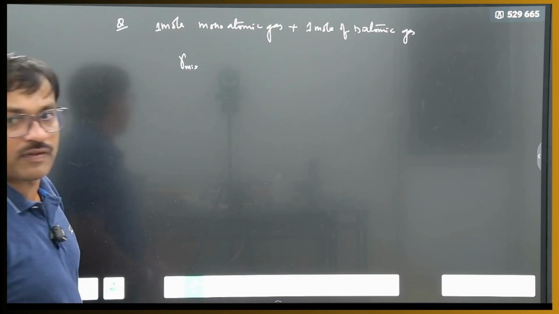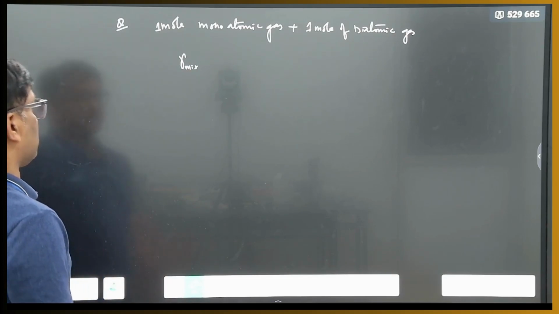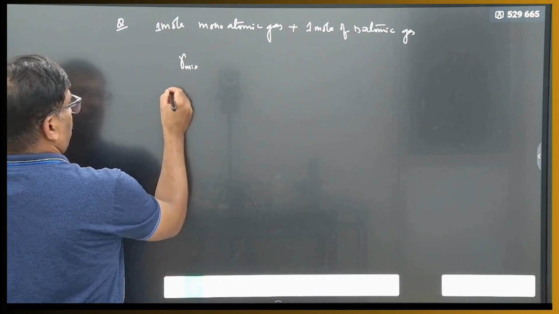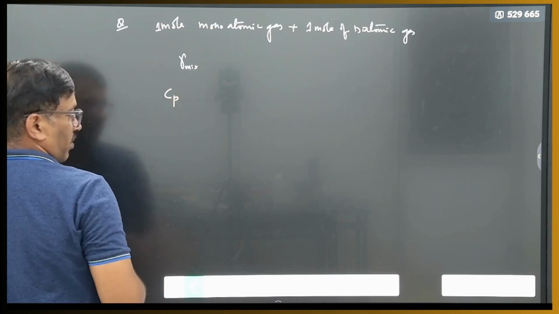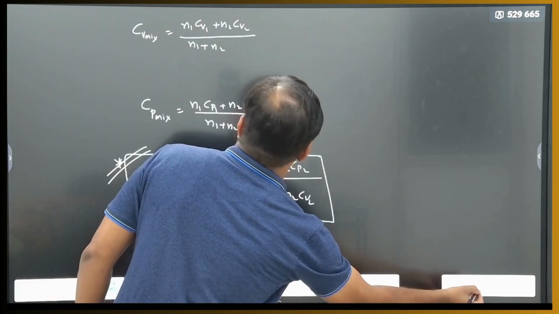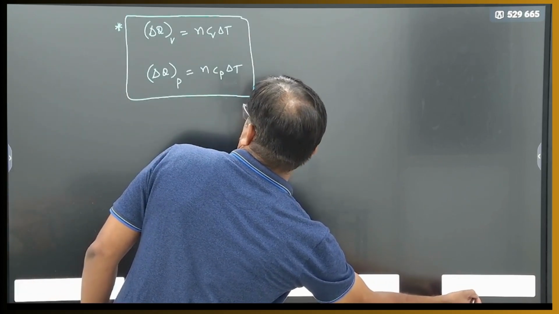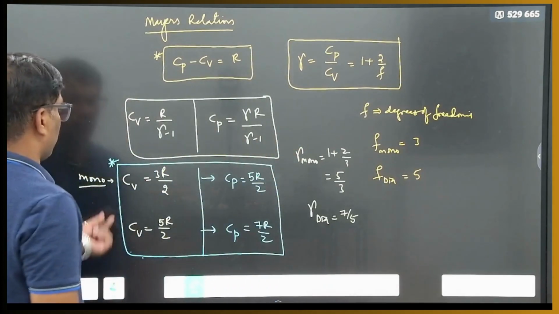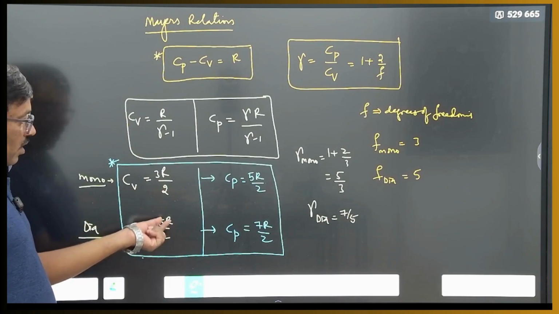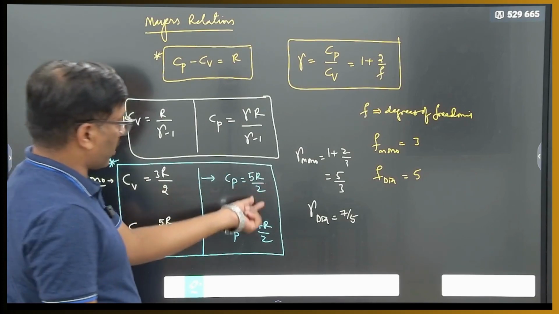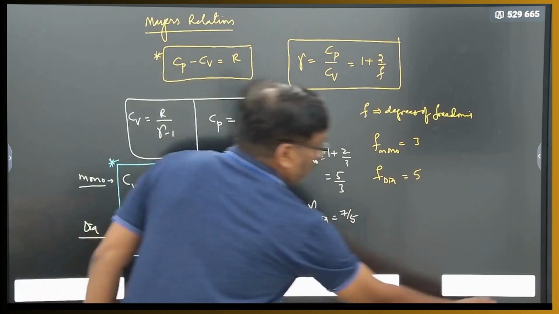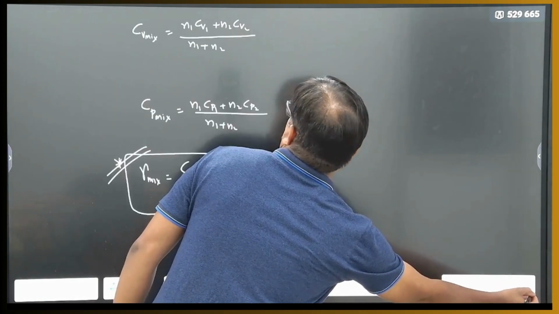First of all, you have to calculate Cp and Cv. We already calculated Cp and Cv for monoatomic and diatomic. For monoatomic, Cv is 3R by 2, and for diatomic, 5R by 2. Cp is 5R by 2 and 7R by 2. So these values only we will take now.